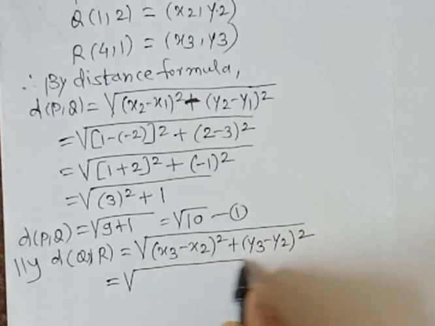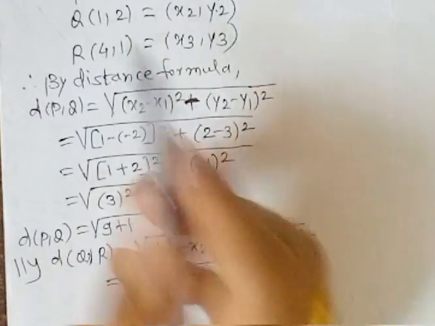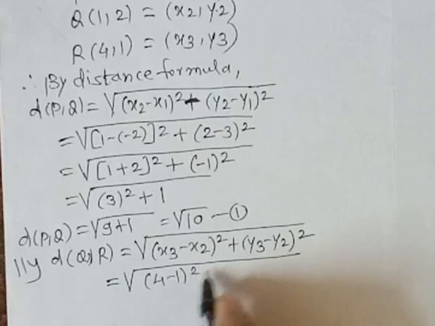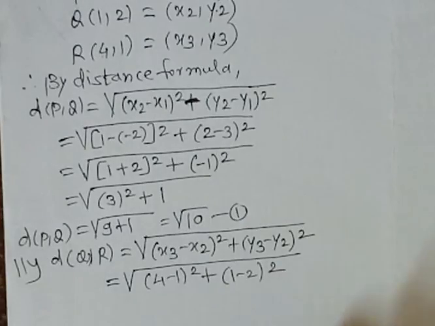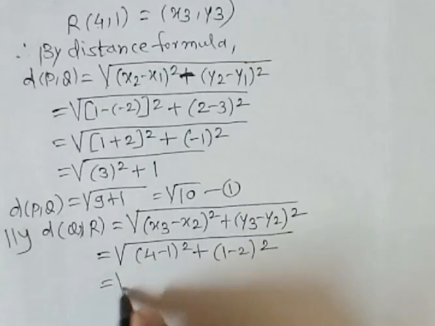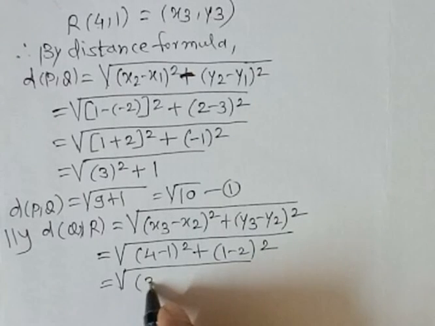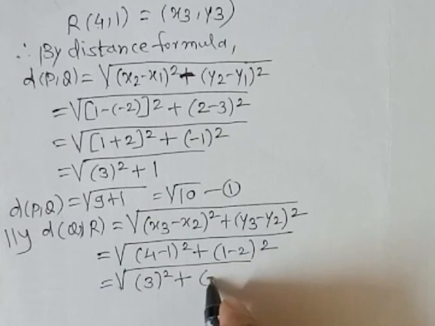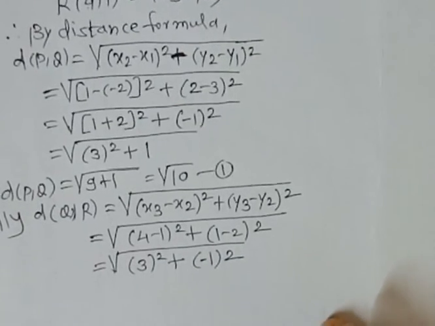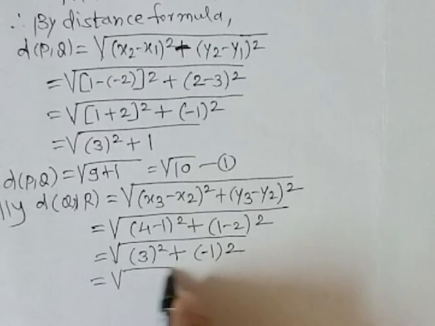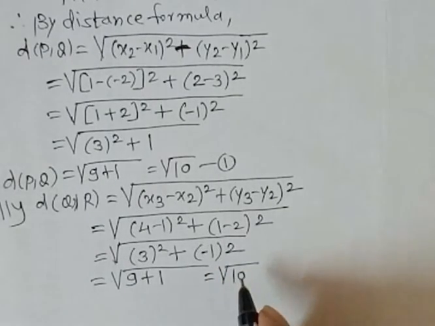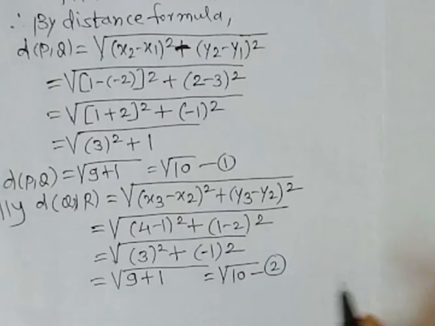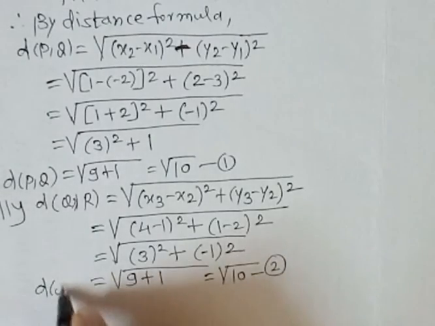This is equal to (4 minus 1) whole square plus (1 minus 2) whole square. This equals 3 whole square plus minus 1 whole square. Now 3 square is 9 and minus 1 square is 1, that is 9 plus 1, under root 10. That is equation number 2, distance QR.